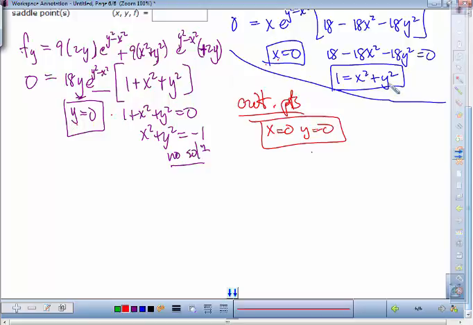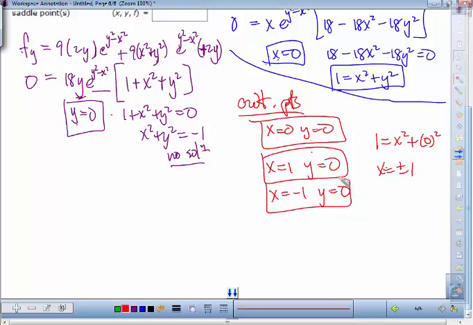And then if I put y is equal to 0 over here, then I'm going to get x is equal to plus or minus 1. So that's another 2 points. So x is equal to 1, y is equal to 0, and then x is equal to negative 1, y is equal to 0. So I have 3 critical points that I have to check.